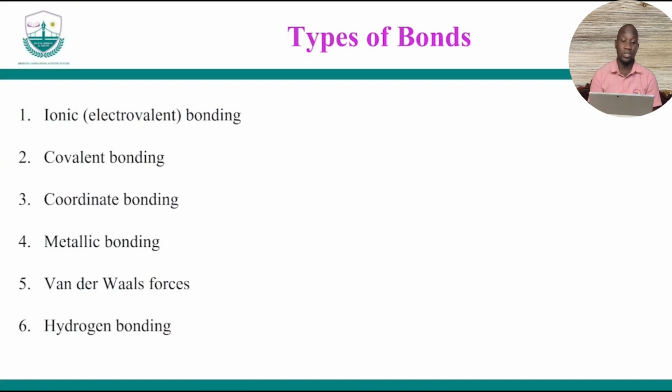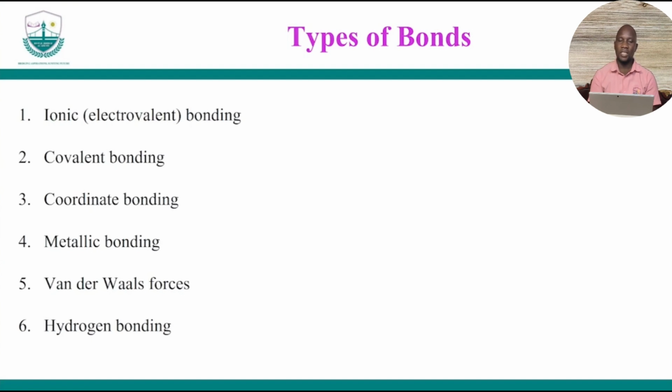So we shall talk about ionic bonds. We shall talk about covalent bonds. We shall talk about dative bonds or coordinate bonds, metallic bonds. We shall also talk about van der Waals forces and then hydrogen bonding. So those are going to be our subsequent lessons after this.